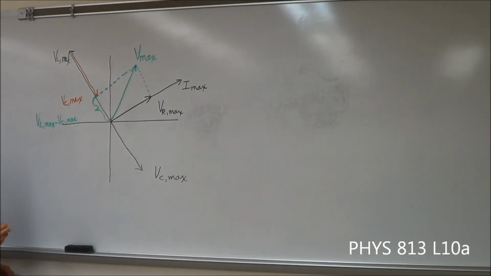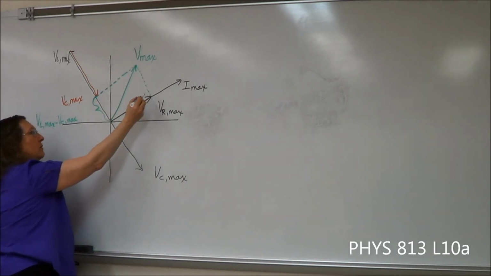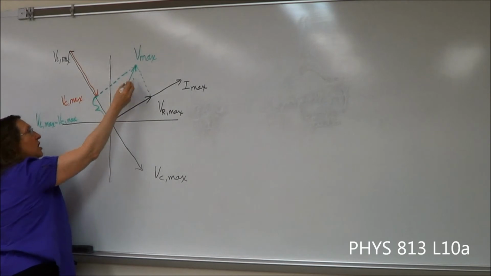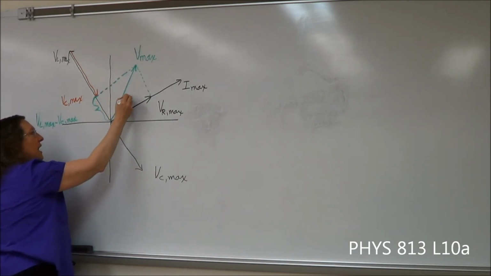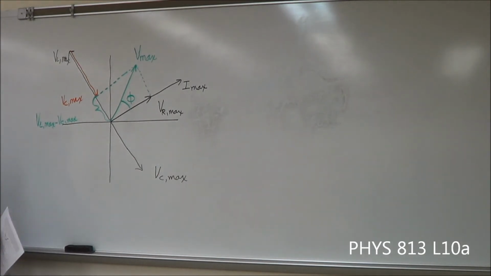And then the other thing that we're going to look at is this angle from the resistor voltage vector to Vmax, and we're going to call that the Greek letter phi, and that's called the phase angle.